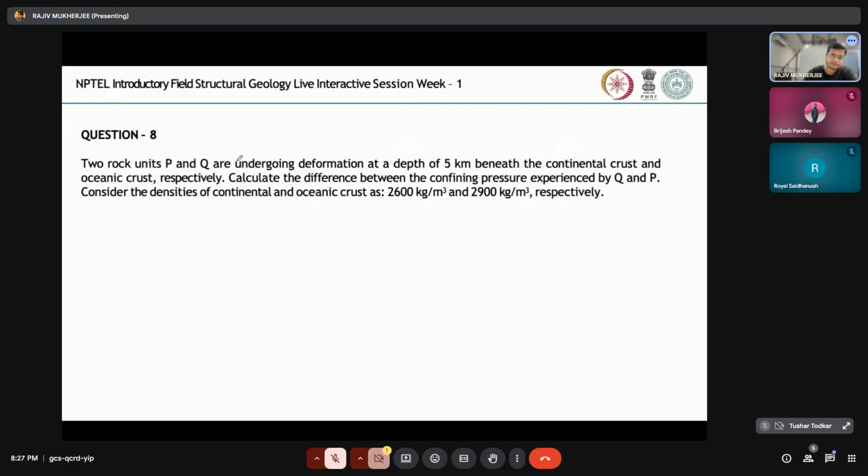So this is continental plate or continental crust, and this is oceanic crust. Which one is thicker, continental crust or oceanic crust?